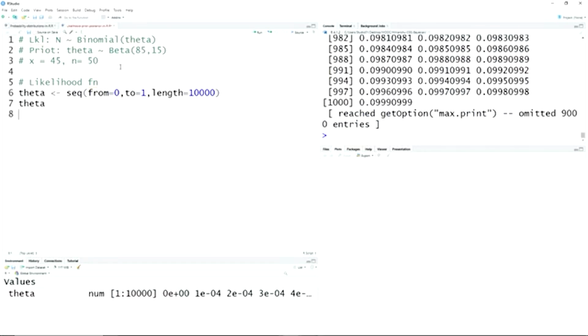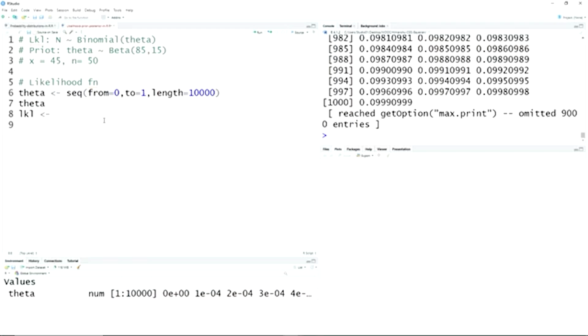You can see how they look. This is theta. Now we want to calculate the likelihood for each value of theta. What is our likelihood assumption? That data comes from a binomial distribution.